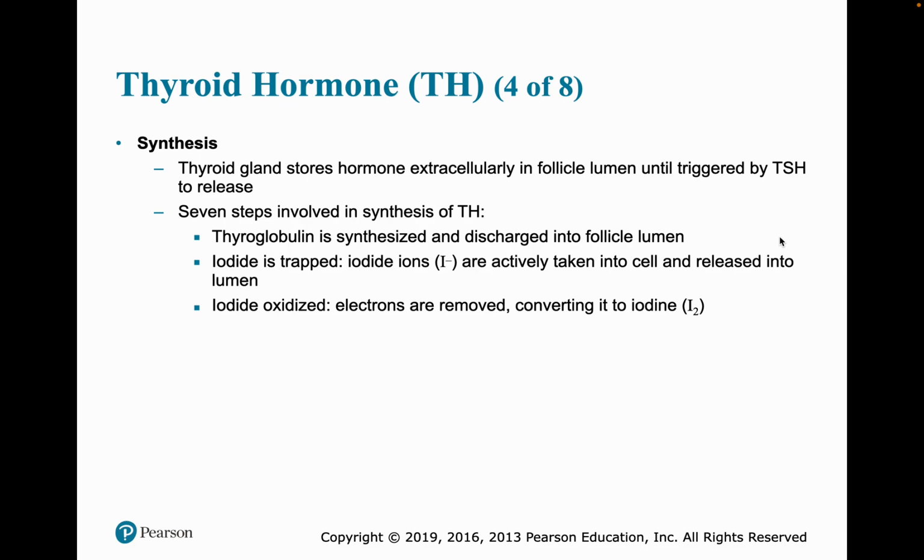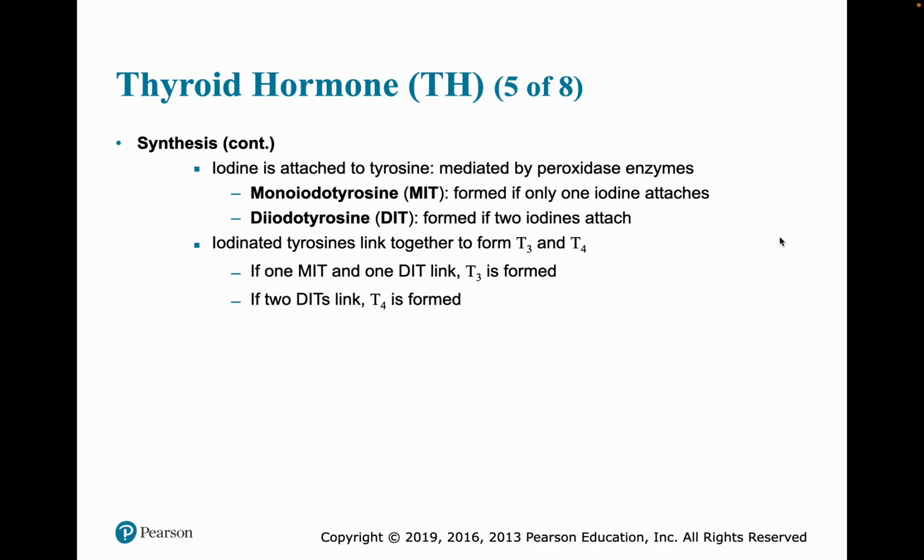The iodide is then oxidized, which means that electrons are removed and it is converted to iodine. That iodine is going to be attached to tyrosine, one of the 20 amino acids, and that's mediated by a peroxidase enzyme. So if only one iodine is attached, it's called monoiodotyrosine, or MIT.